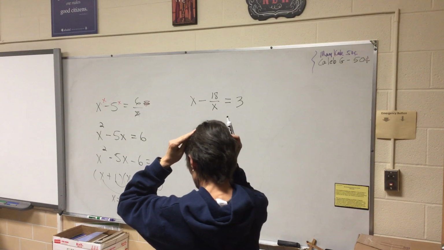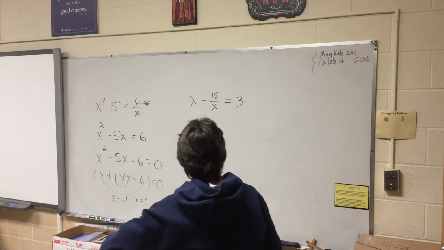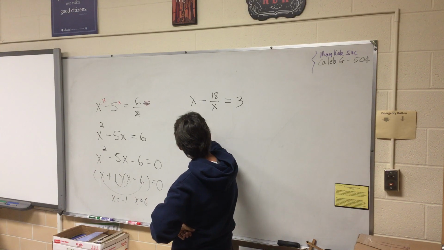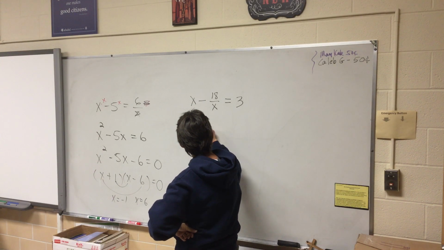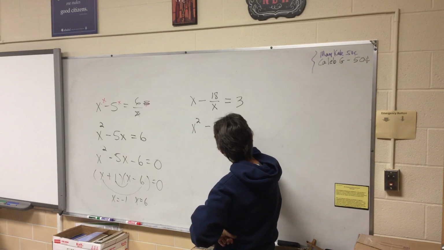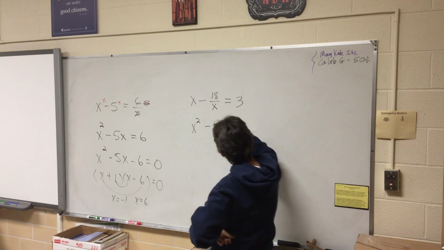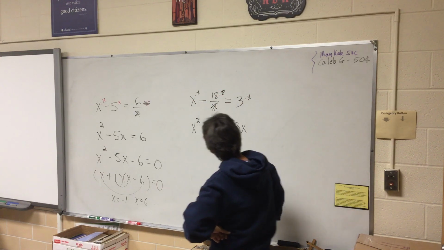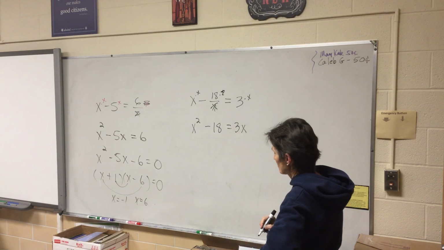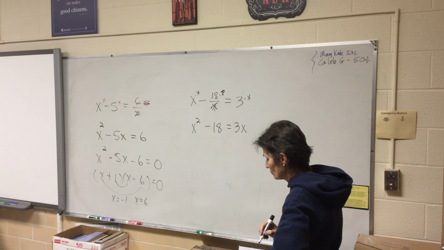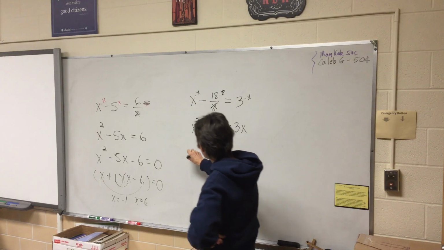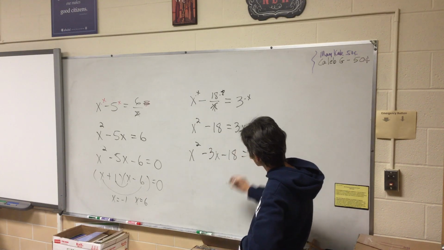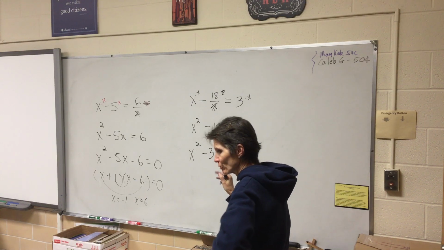What do we do first? Multiply by X. Yep. So when I multiply by X, it's going to give me X squared minus 18 equals 3X. Remember, when you times by X, these cancel. So then you subtract the 3X over. And when you subtract it, let's put it in the middle, like this, because that's like the right order to be in.